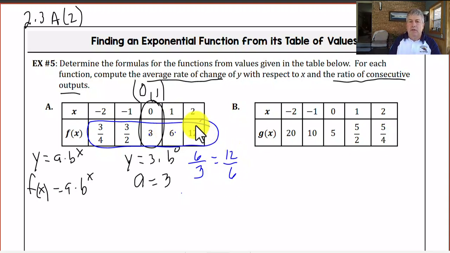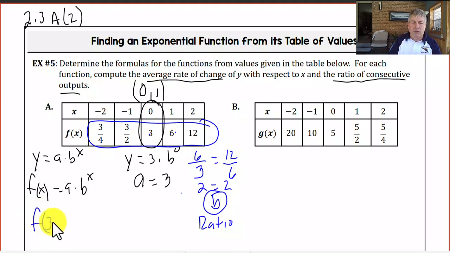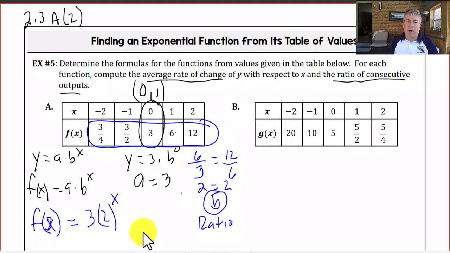So when we use a ratio here, we end up with our ratio is 2. This is our b value. Our b value is the ratio of the consecutive outputs of y's. So then we know our function, f of x equals 3 times 2 raised to the x power.